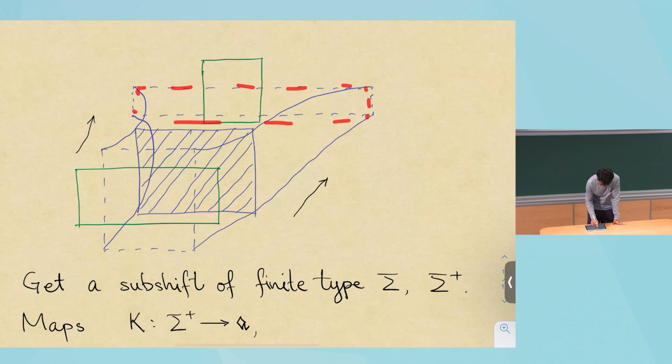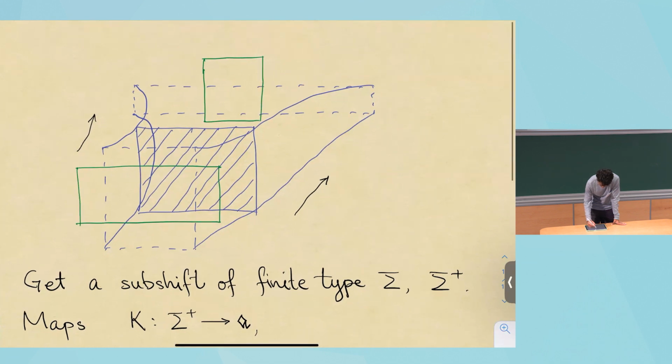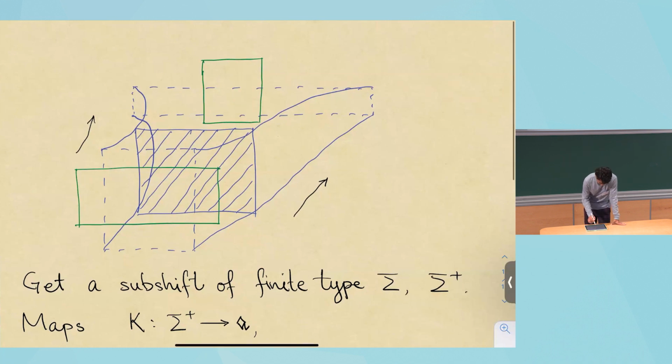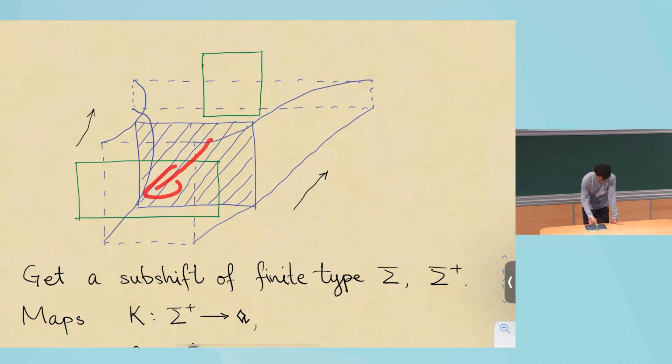So you can see that the stable part, which is this, is contained in the stable part of this green rectangle. And the unstable part enlarges and swallows the unstable direction of the green rectangle. And you have a similar property in the backwards direction.